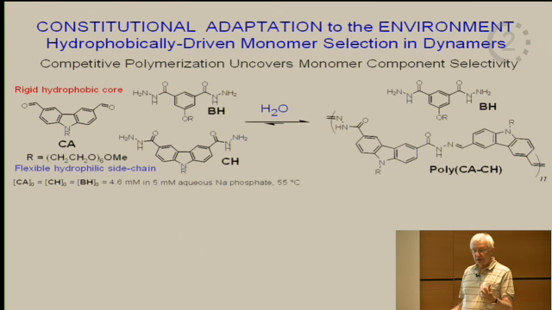Hydrophobic effects would tell you you want to remove from water everything that is very hydrophobic. And if you make a rod with the hexaglyme sticking out, the center is hydrophobic. So you want to eliminate in principle, which means that this mixture should selectively polymerize these two and leave this out, which is exactly what happens.